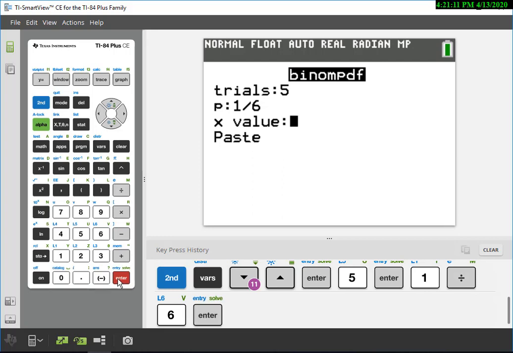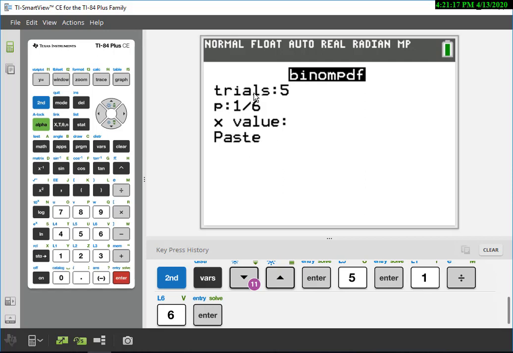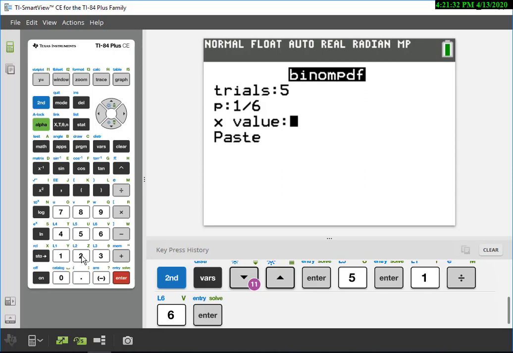Now, the x value is the number of successes. So if I roll my die 5 different times and my value shows up 5 different times, then the x value would be 5. Now, let's say that we want to know what is the probability that my number shows up twice. In this case, we just hit enter.